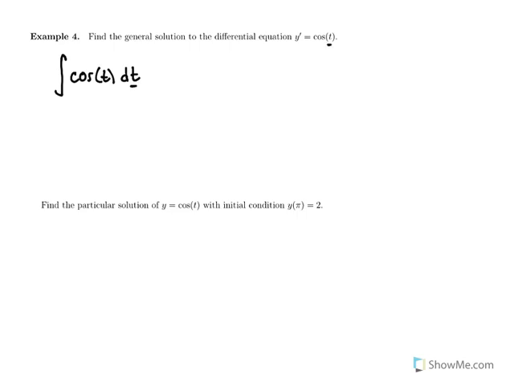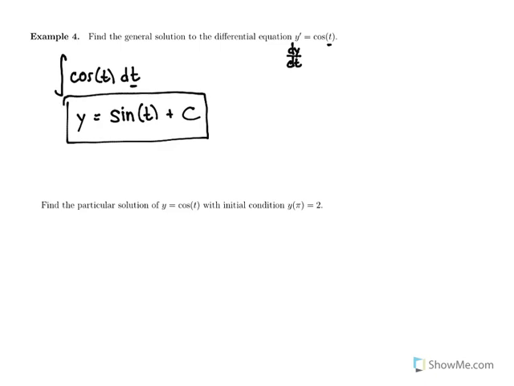Because that is the variable we're looking at. This is dy dt. The antiderivative of cosine is going to be a positive sine, and we need our constant of integration, plus c. This is our general solution.